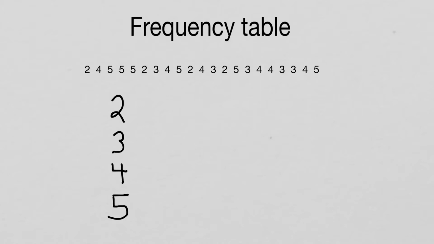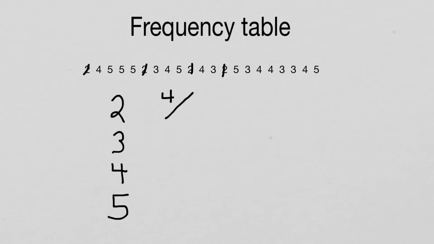So watch this. We've got the number 2. It happens once, twice, 3 times, 4. That's it. 4 times. Its frequency is 4 over the number of possibilities.